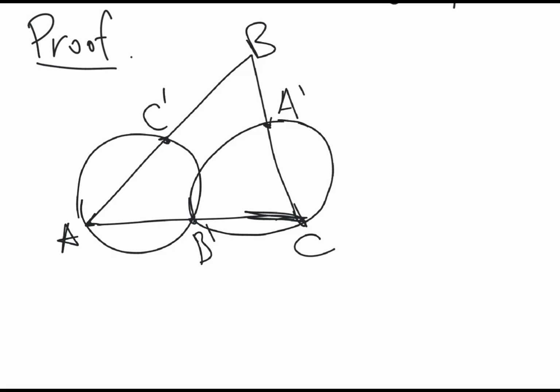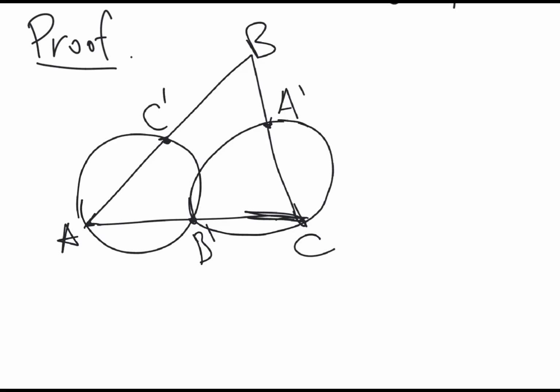So basically what we are going to do is, first we draw only two circles: the circumcircles of the triangles A C prime B prime and C B prime A prime. These are the two circles now shown in the picture.